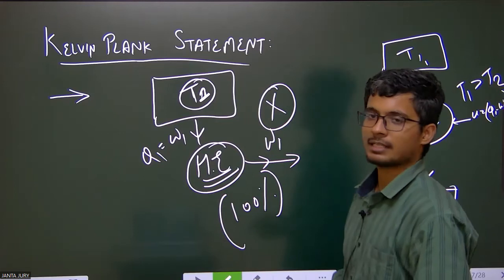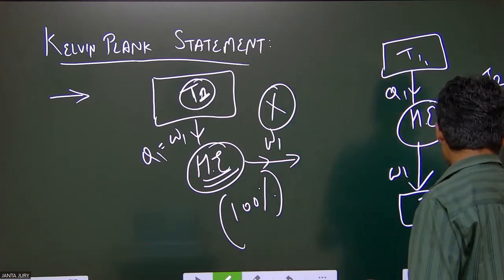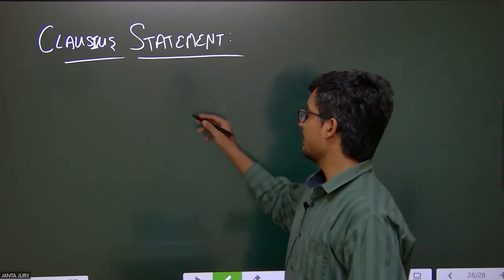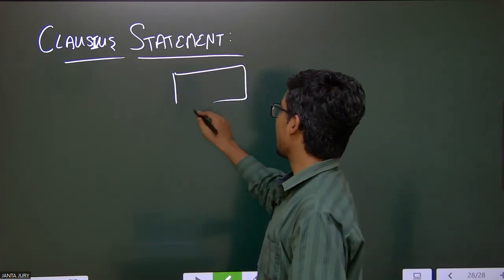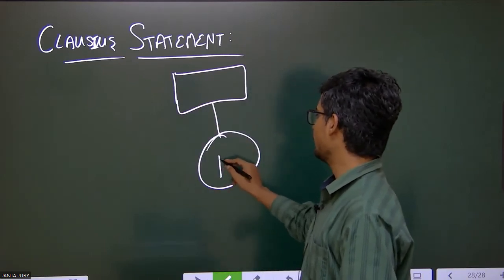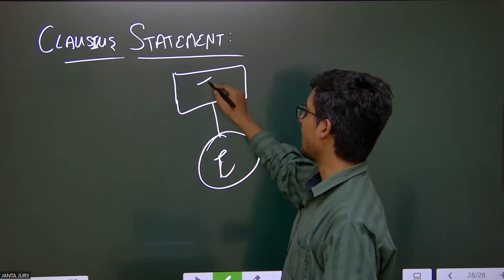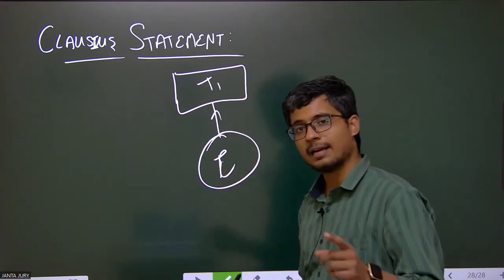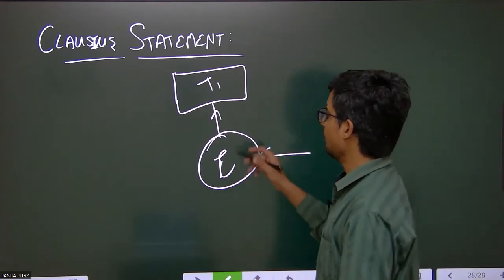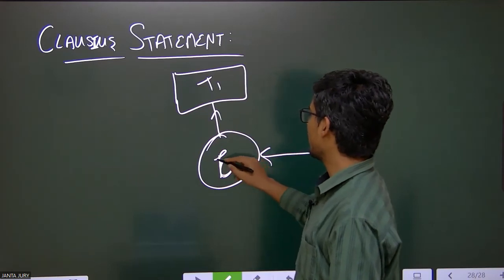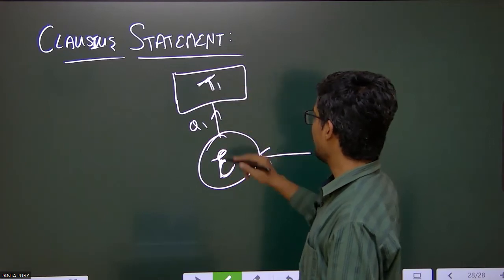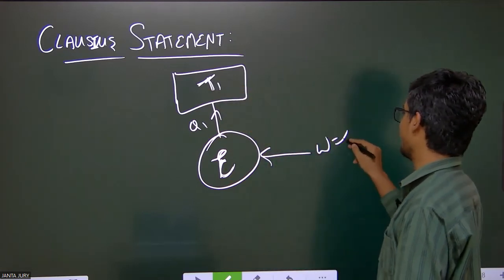Now there is another statement as well, very related to this. The second law of thermodynamics also has the Clausius statement. It states that it is impossible for an engine to supply heat to a body at higher temperature without using energy from any other source. It is not possible to continuously supply heat to the body at T1 temperature without any work done.